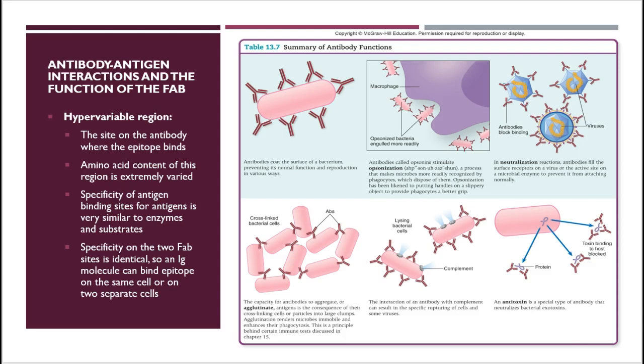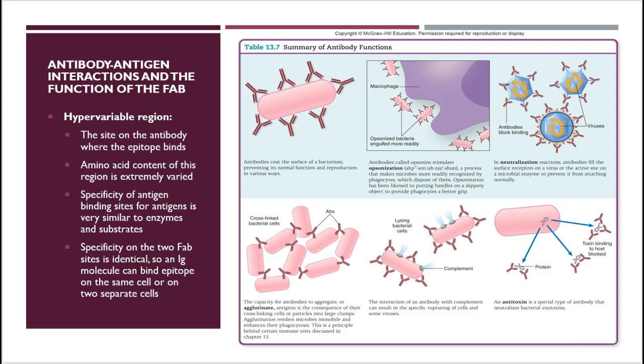The amino acid content of that hypervariable region is extremely varied. As we mentioned before, that's what contributes to the multitude of varieties of antigens that can be recognized by antibodies.